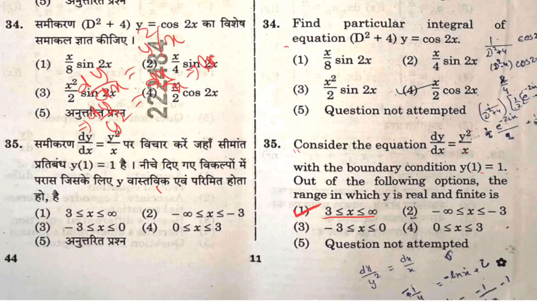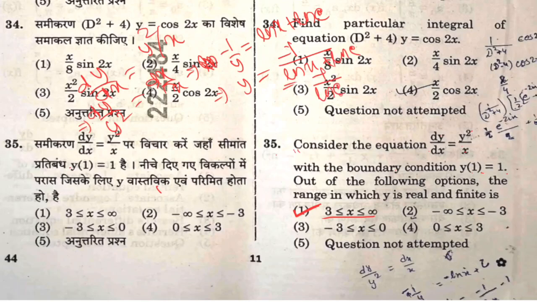So this will give minus 1 by y equals ln x plus ln c. So from here, y equals minus 1 by ln x plus ln c, or you can write this as minus 1 by ln cx.